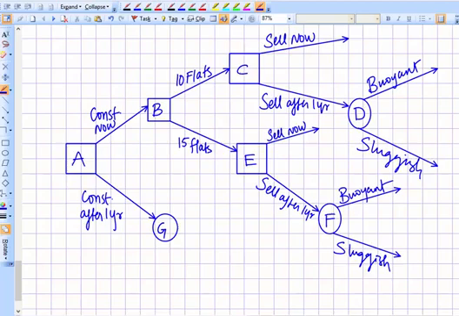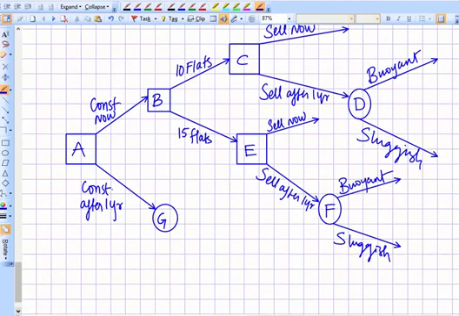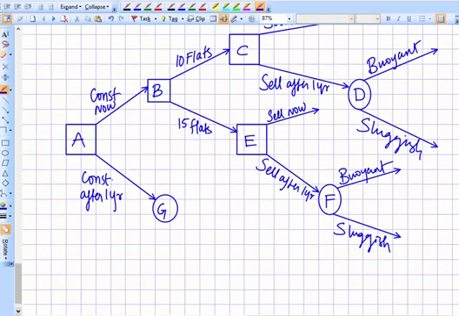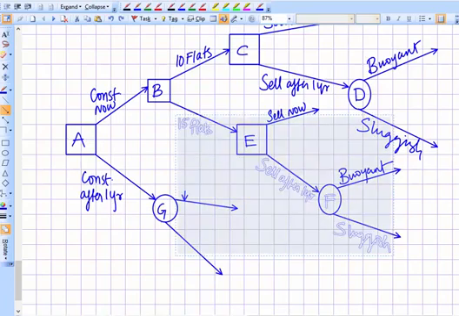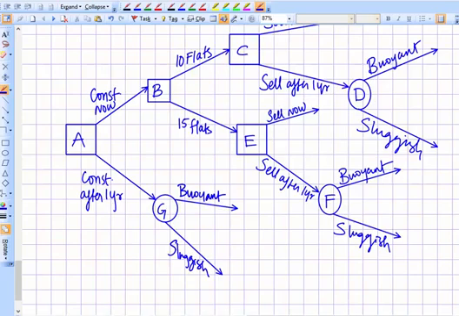So let me just bring them. Yeah. So there are two market conditions. One is buoyant, the other one is sluggish. So let me write them. It can be buoyant. Excuse me for that. So it can be buoyant or it can be sluggish. And what will happen if it is buoyant?